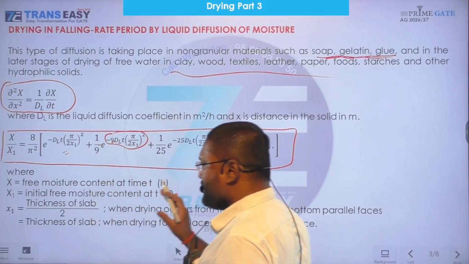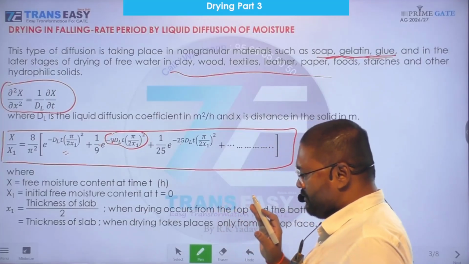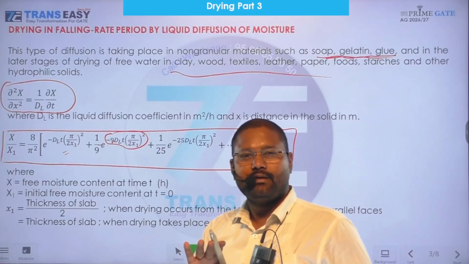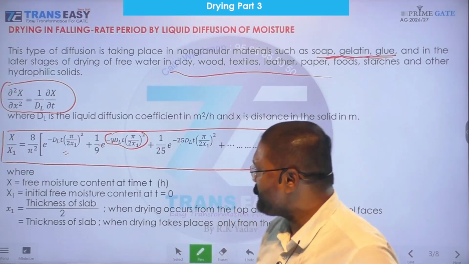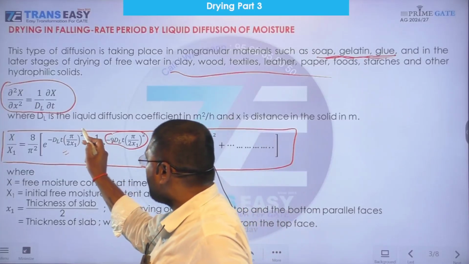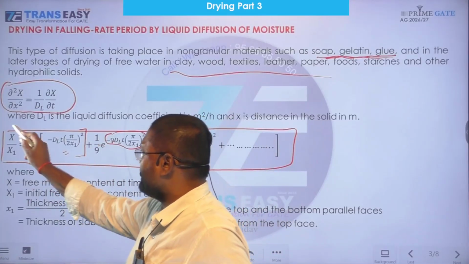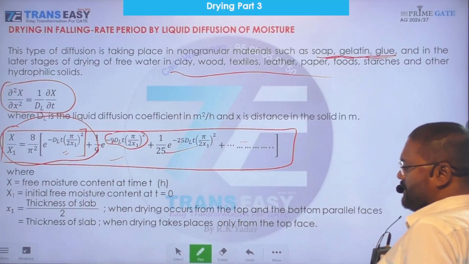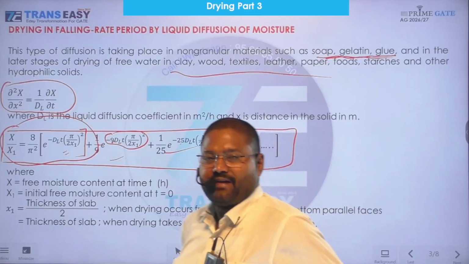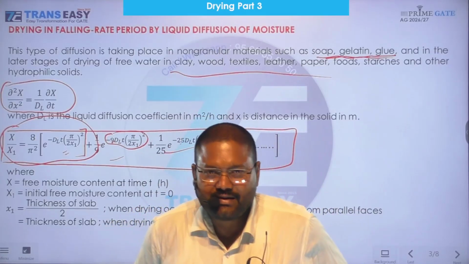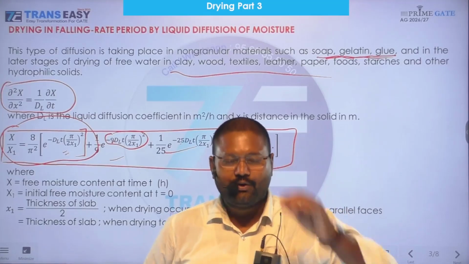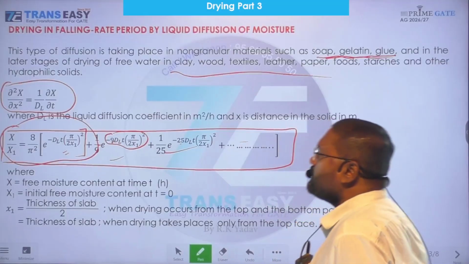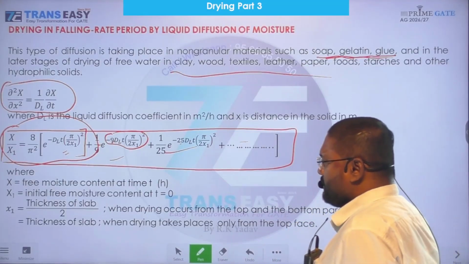So for longer drying, if liquid diffusion theory is guiding, we can write approximately this relationship by neglecting other terms without sacrificing too much accuracy. This will not cause any problem in accuracy; the results will not differ much from the accurate ones.